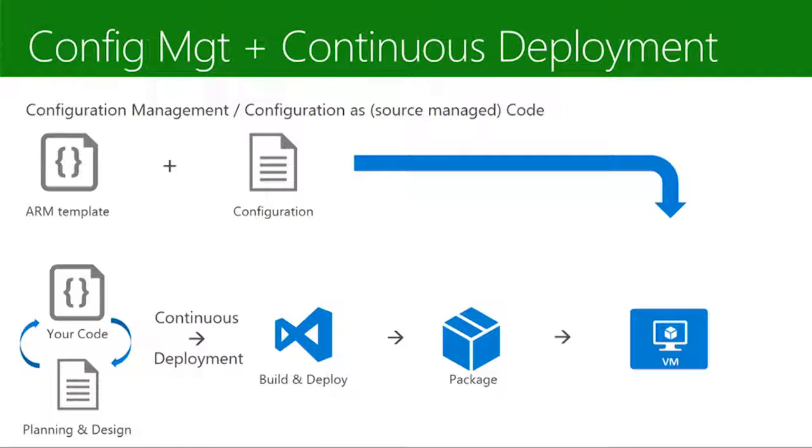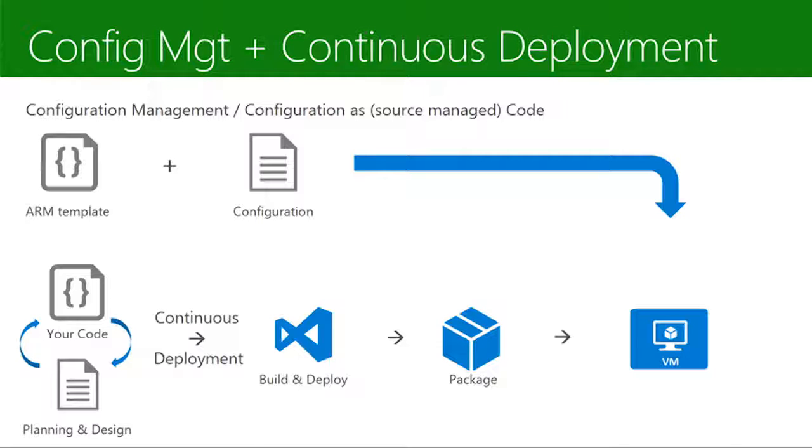So the ARM template in Azure speak these days, Azure Resource Manager, you can write a template, and that template describes the infrastructure, which is network, storage, compute, and all of the various details involved to build out an application, to build out a SQL cluster, to build out an Active Directory cluster, and so on and so forth.